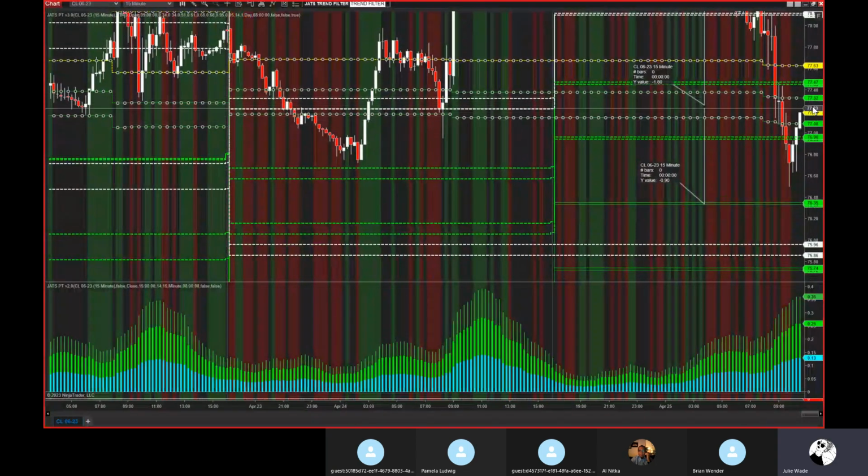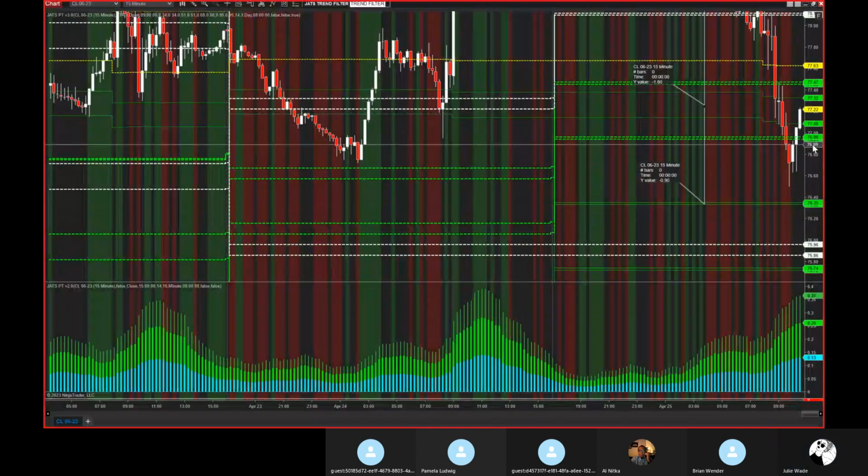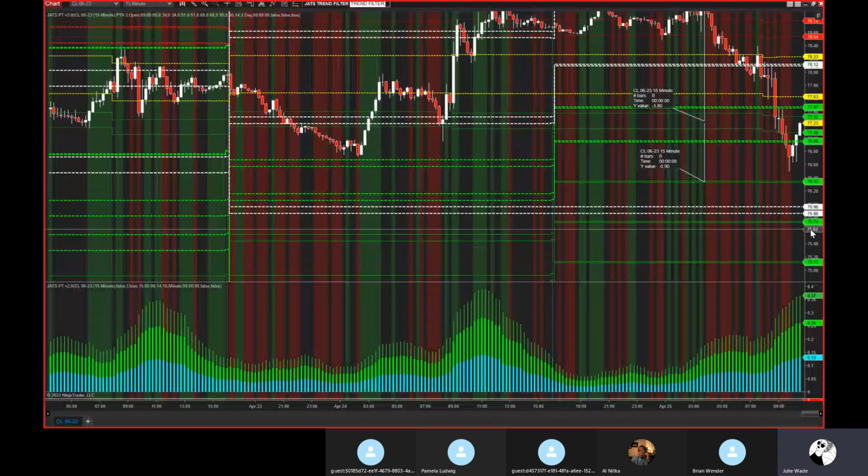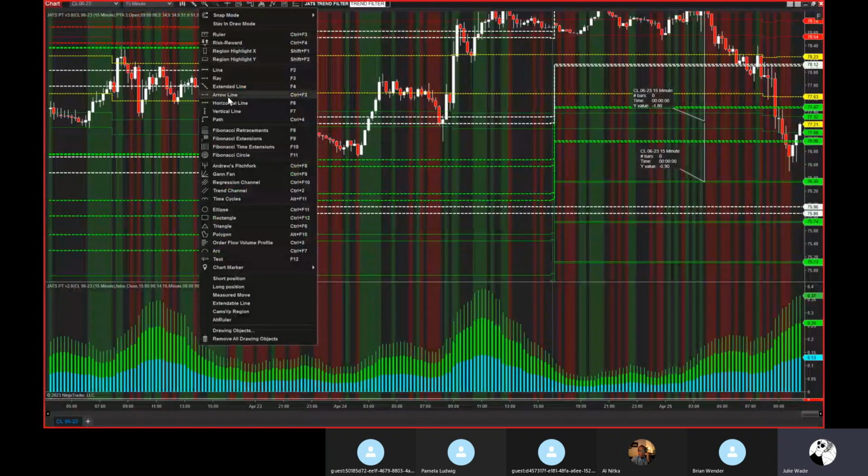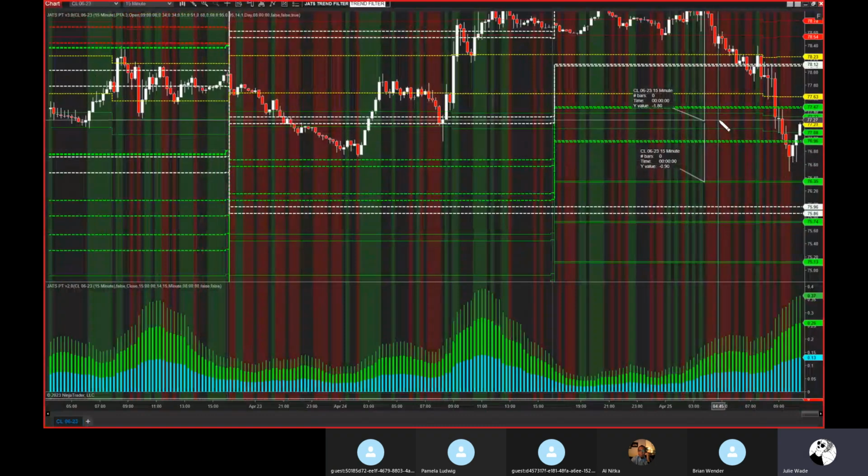Coming up to 77.32. And that right there is the back to the full range. We just hit the daily range and it's acting as resistance. Look at that. There's your daily range, $1.80, and that is resistance.